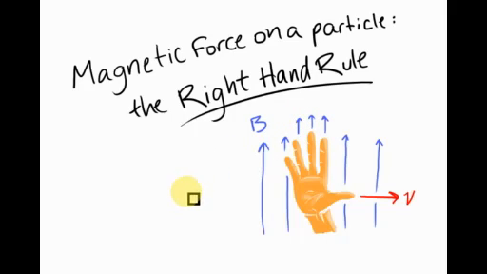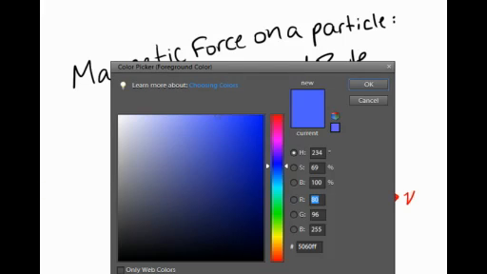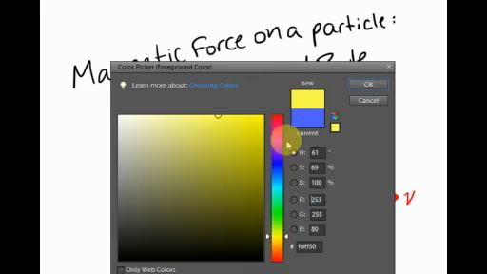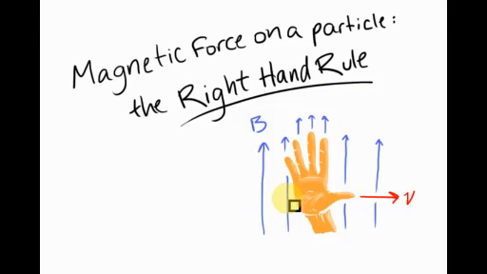Now the particle itself, being in the middle of your palm, is going to experience a magnetic force from being in the field. And that force would be out from your palm, just like this. So this is force, magnetic force.